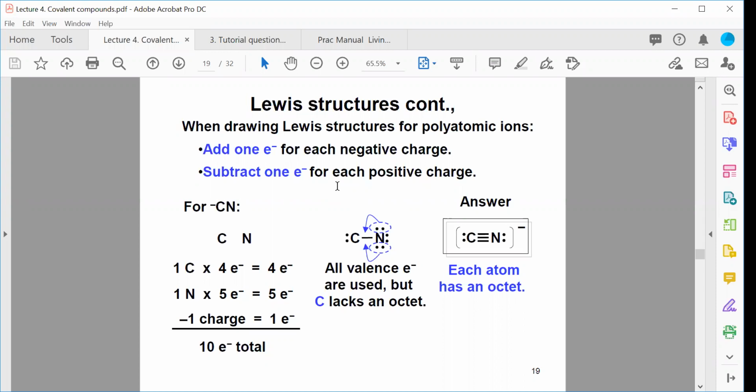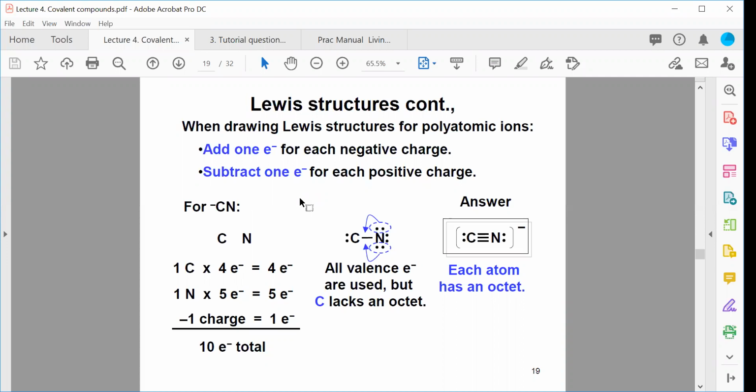The answer is covalent bonds. These atoms are held together by covalent bonding, not by ionic bonding, but they're called ions because the molecule itself is charged overall. It carries an overall charge, net charge. So they're still referred to as ions.